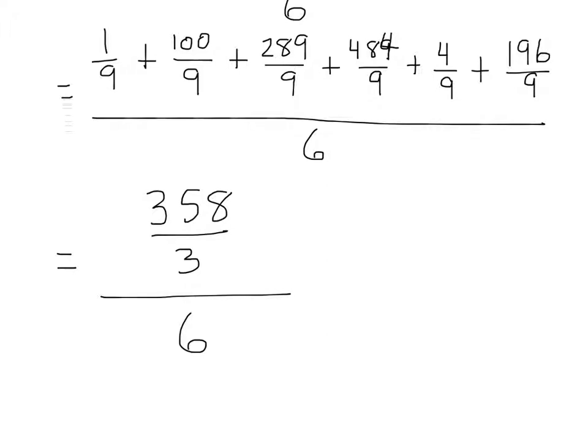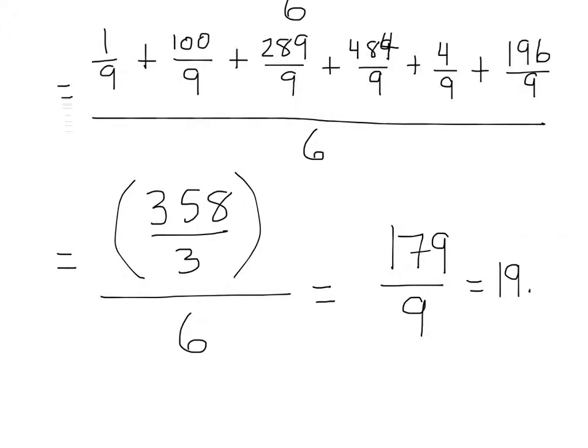So now, pause the video and type in your calculator 358 divided by 3, in parentheses, and then divide by 6, and you should get 19.88888, which is the same thing as 179 over 9, or 19.8 repeating.